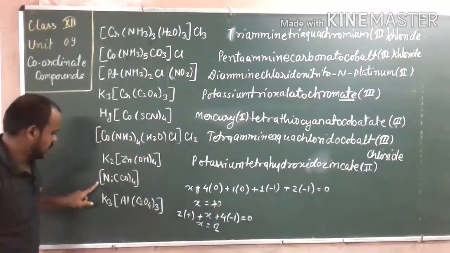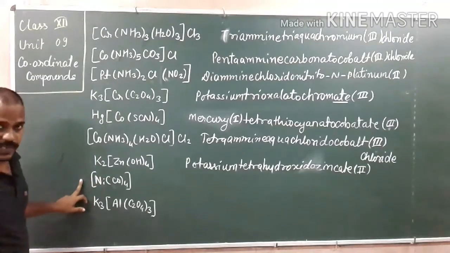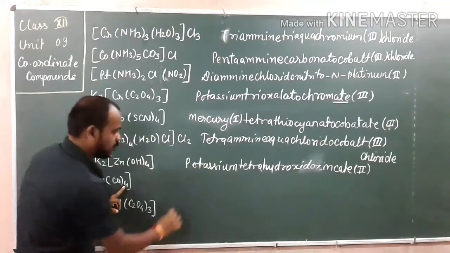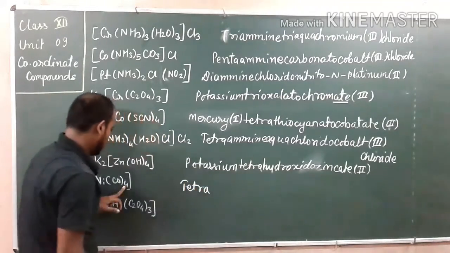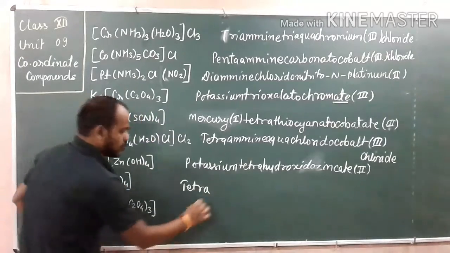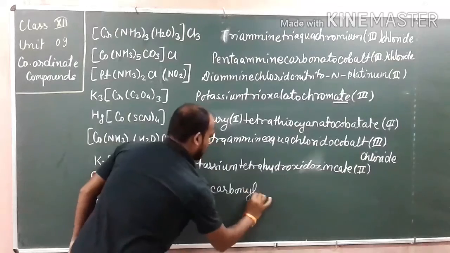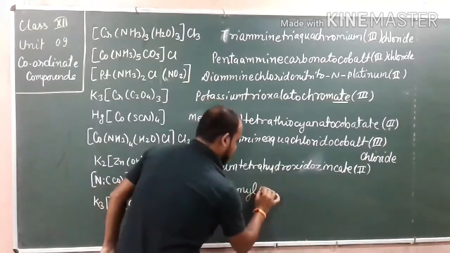Now for this compound, since there is nothing before the square bracket, this is a cation, and the number of ligands is 4, so it will be tetra. The name of CO is carbonyl, so it is tetracarbonyl. And the name of Ni is nickel.